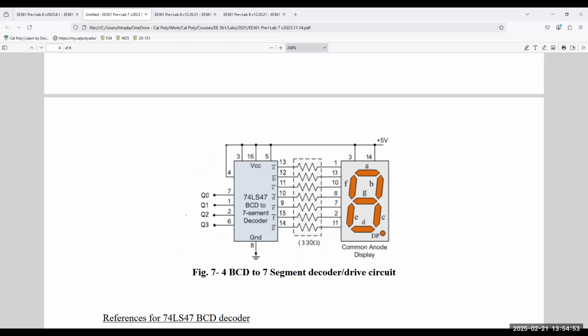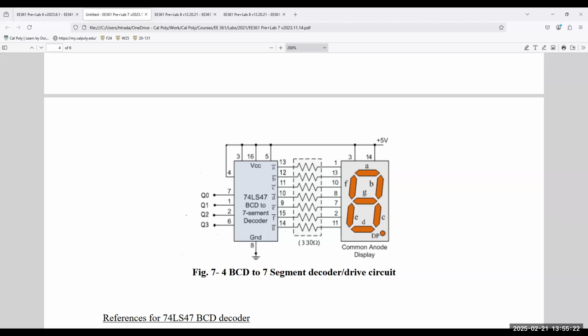So it counts from 0, 1, 2, 3, 4, 5, 6, 7, 8, 9. There are still 6 possible states left, but in a BCD system, the count resets to 0. And that's what a BCD is. It resets the count to 0 after it counts through 10 states.